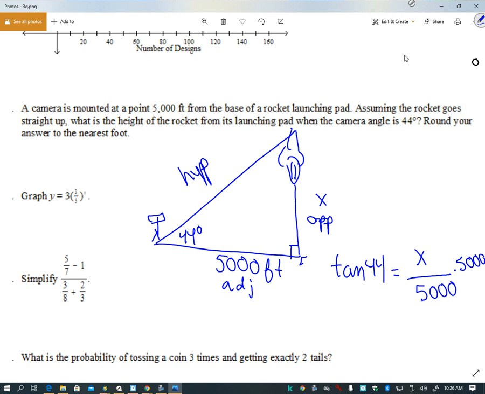So what are we going to check in our calculator before I go typing things in? I need to make sure that it's in degree mode. So check the mode, make sure degree is highlighted. Then you're going to type in 5,000 tan 44 and close up the parentheses and hit enter.